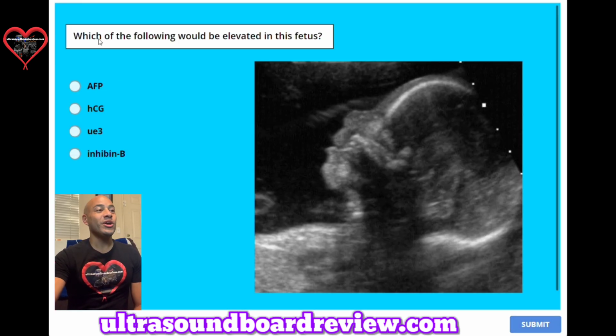Question 1. Which of the following would be elevated in this fetus? A. AFP, B. HCG, C. UE3, or D. Inhibin B?